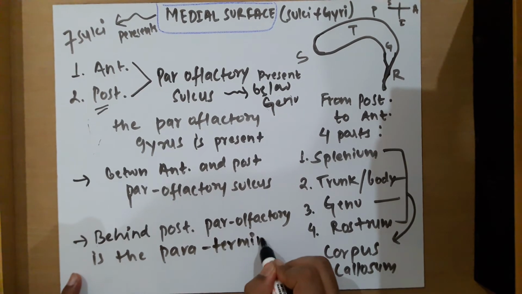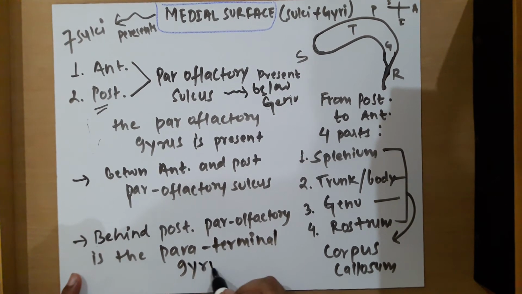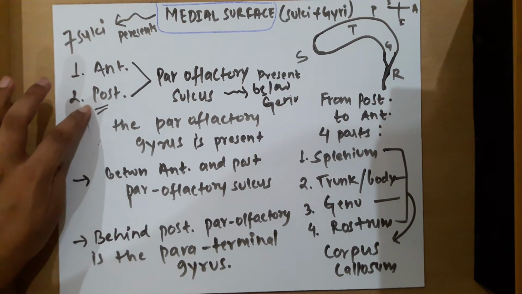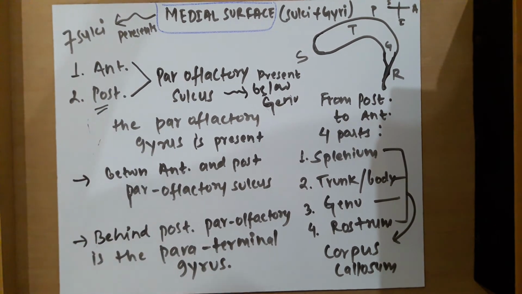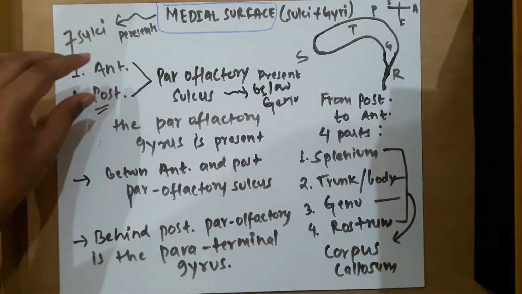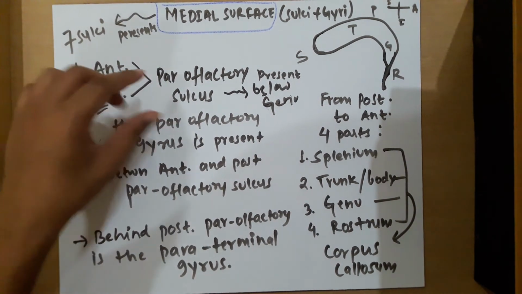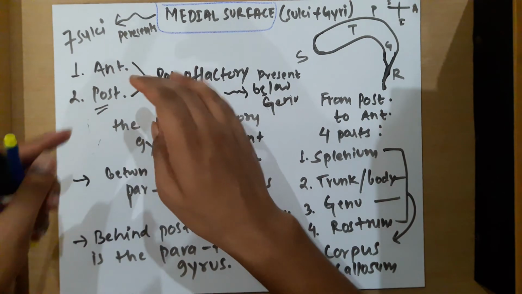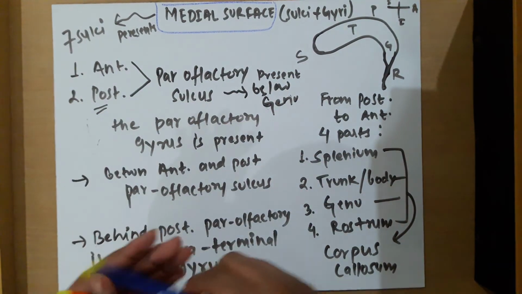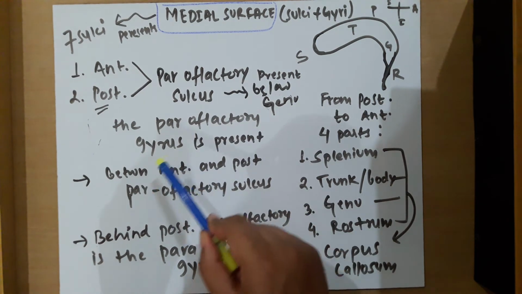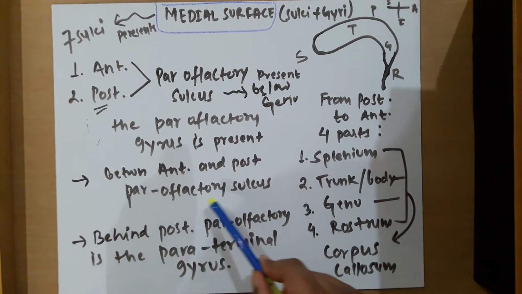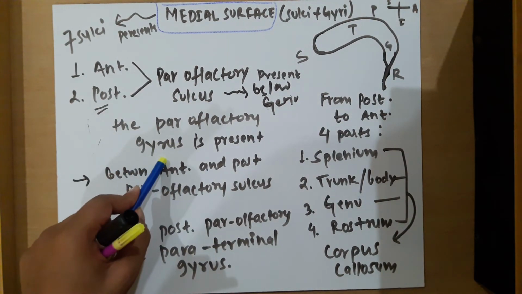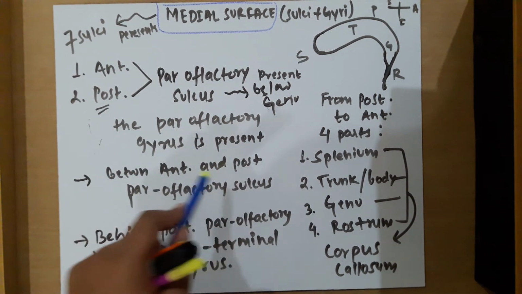So these are the first two of the seven sulci, the anterior and posterior para olfactory sulcus, present a little below the genu, and the para olfactory gyrus is present between the anterior and posterior para olfactory sulcus.